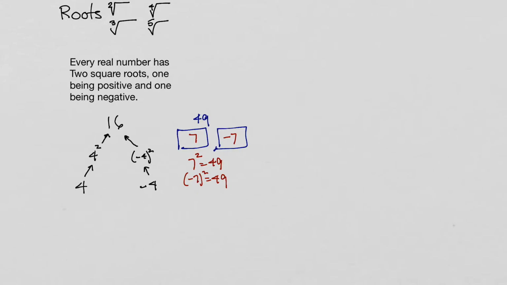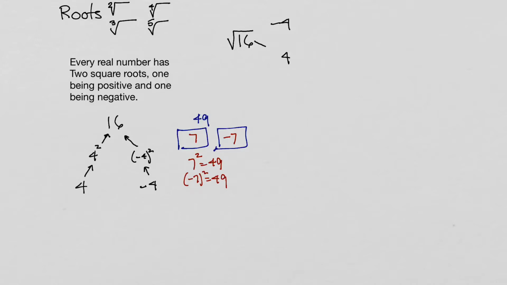So let's look at 16 here. The square roots of 16 are negative 4 and positive 4, right? Because negative 4 squared will give us 16, and positive 4 squared will give us 16. To indicate the positive square root, here's what we do. We are going to put this symbol, it's called a radical sign, over the 16.